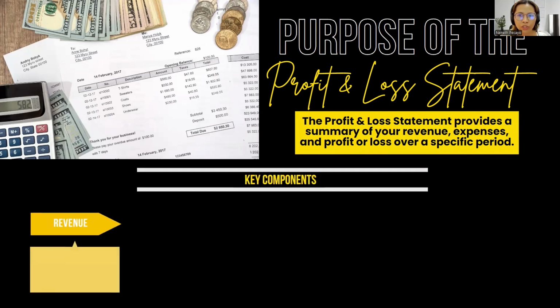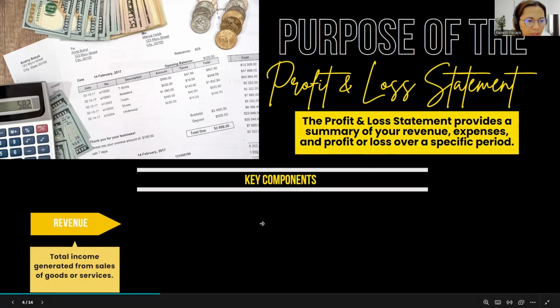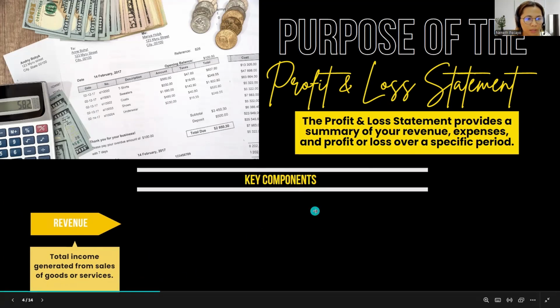Key components of profit and loss. So, mentioned here, revenue. Revenue is the total income generated from sales of goods or services. It is self-explanatory.